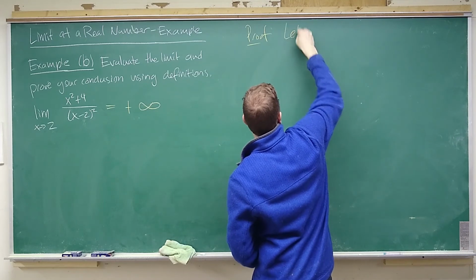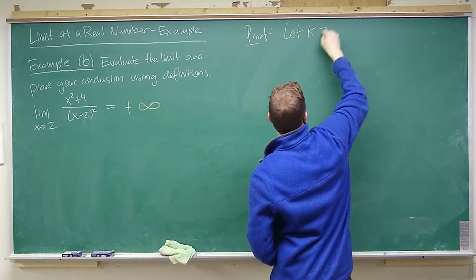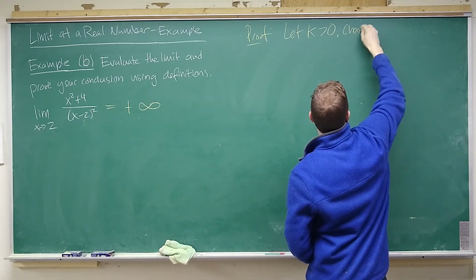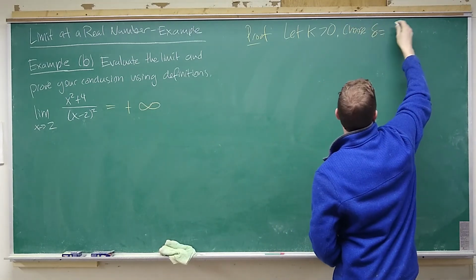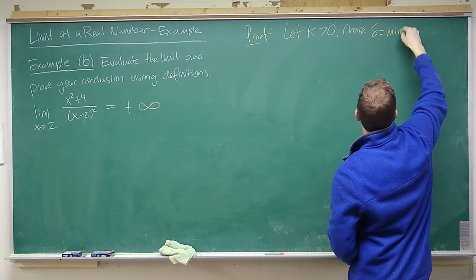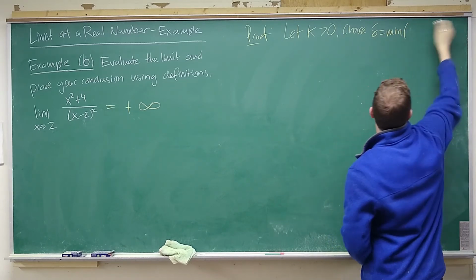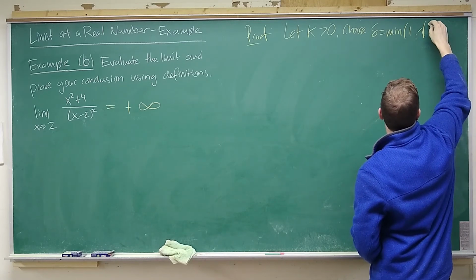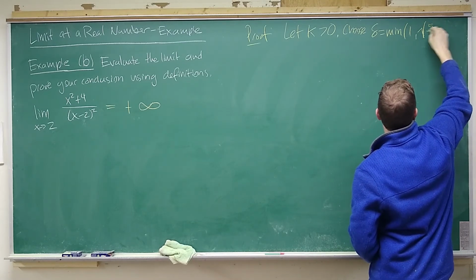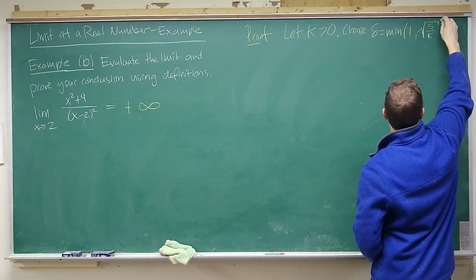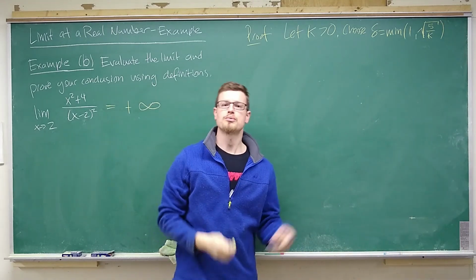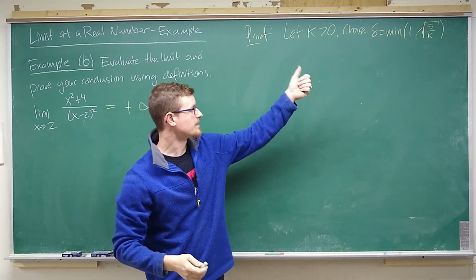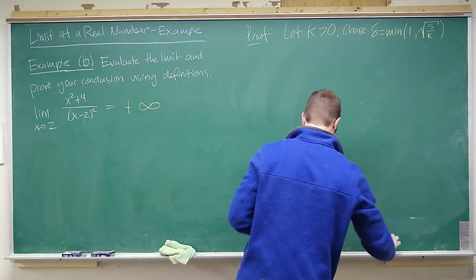So let's let k be some number that's greater than 0, and we want to choose delta to be equal to the minimum of 1 or the square root of 5 divided by k. This will allow us to get the function greater than k after several manipulations.